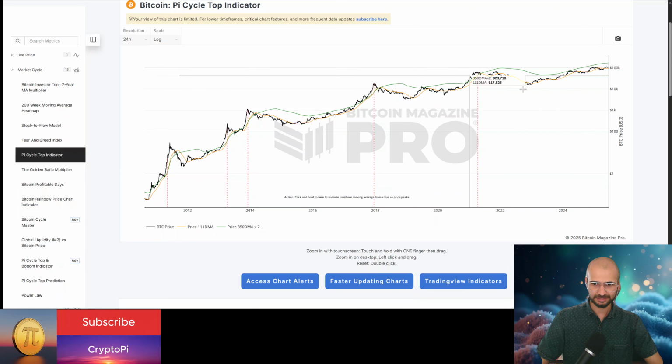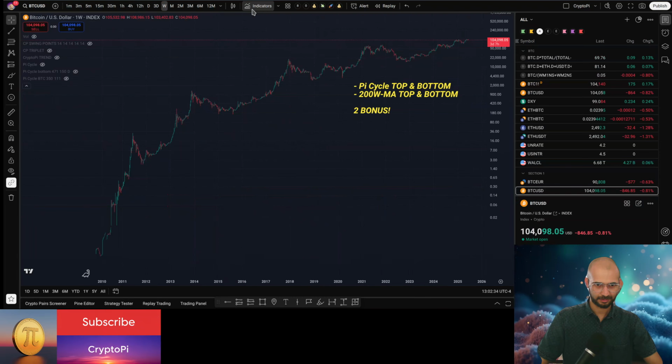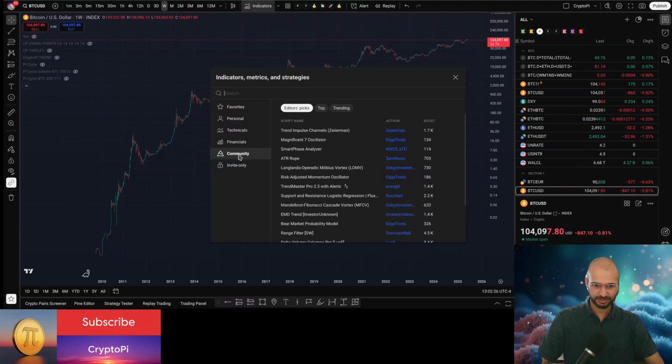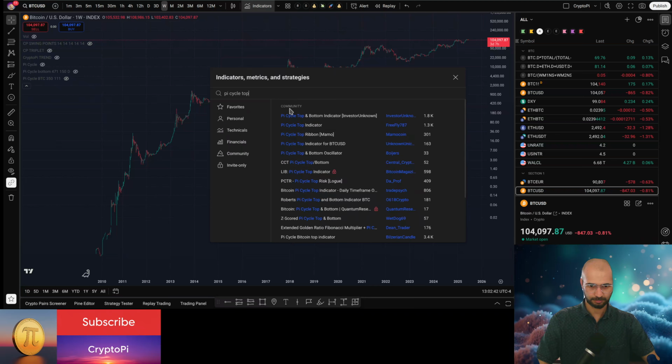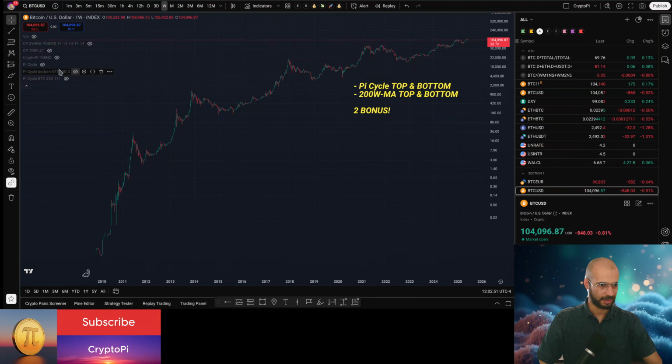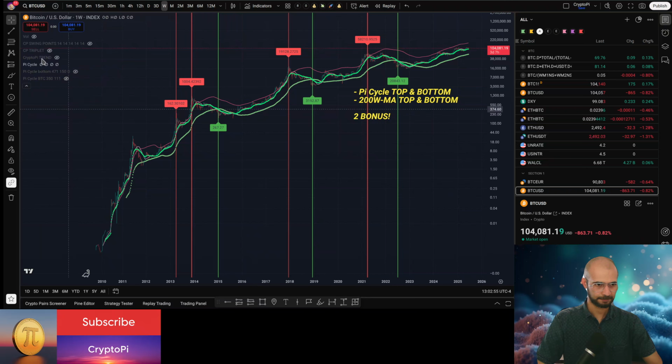Now, how do we get this indicator on TradingView? Like I said in previous videos, there are numerous community indicators. And if you search Pi cycle top and bottom, you will come across various Pi cycle top and bottom indicators. I have selected one of those, and let's switch it on.